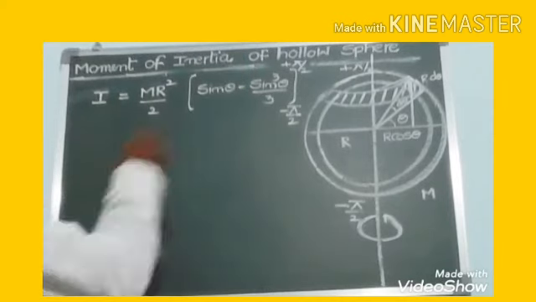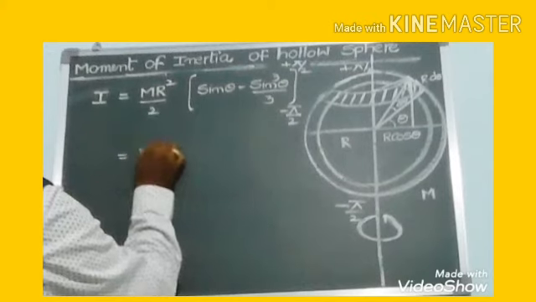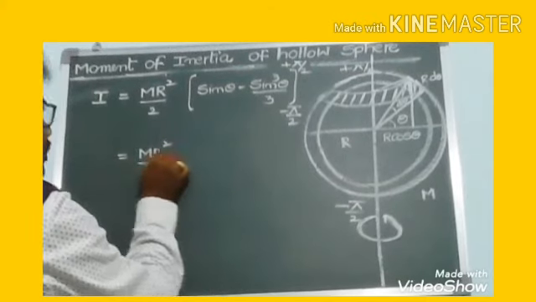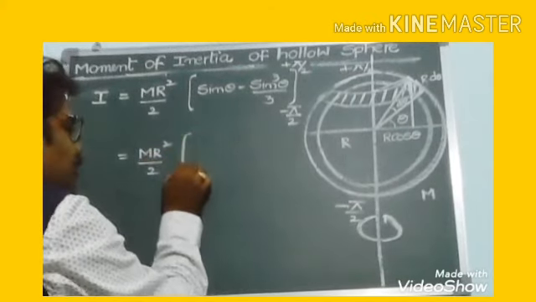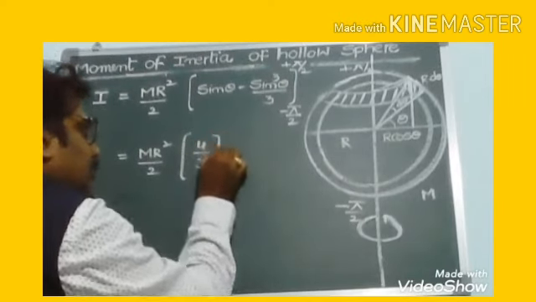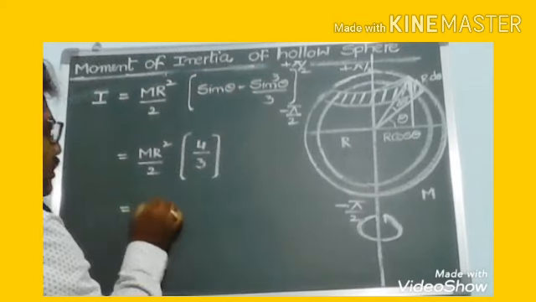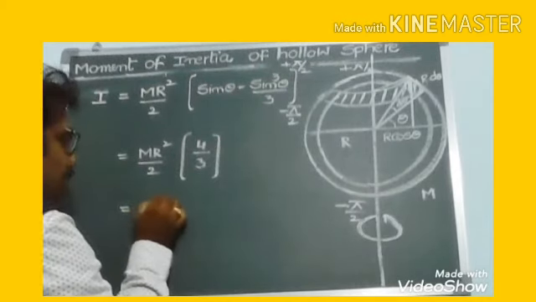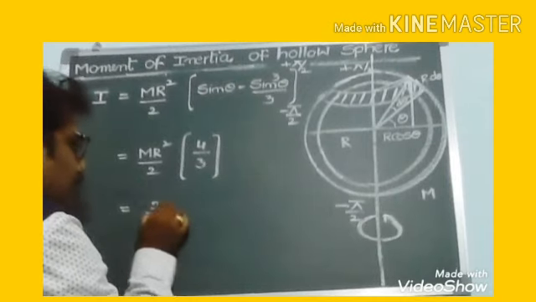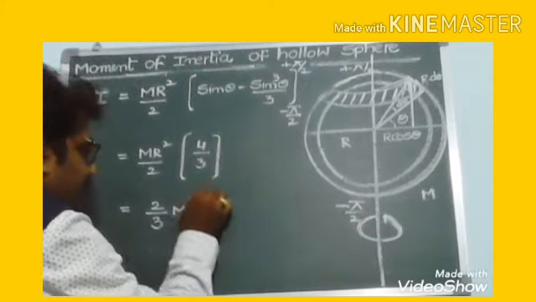Now substitute the values, and you will get 4 by 3. And finally, what you will get: 2 by 3 mr square.